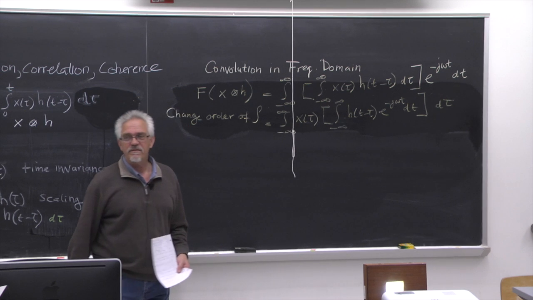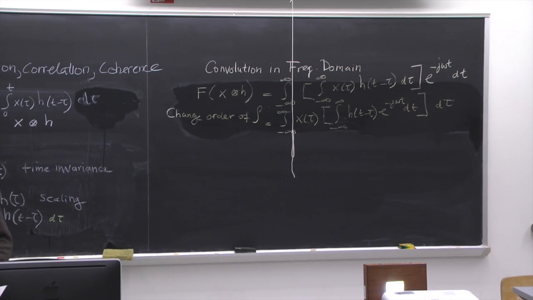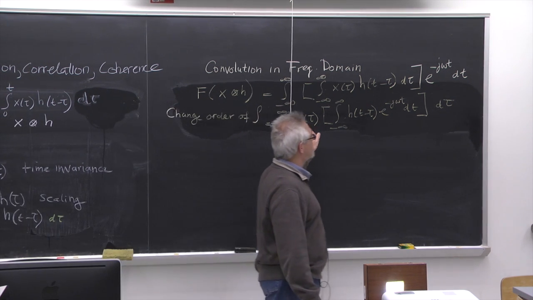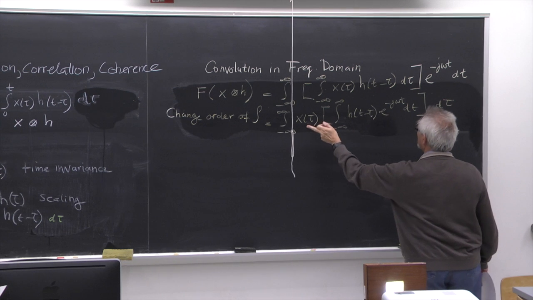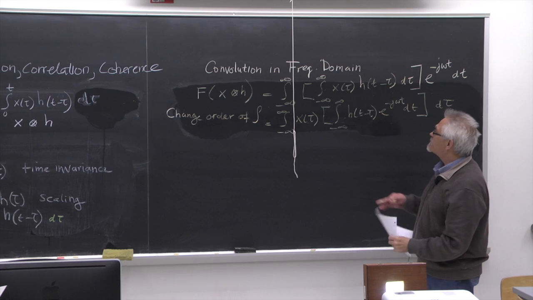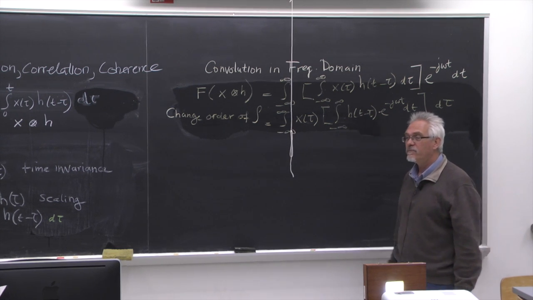I will do my best to write the difference between t and tau clearly, but keep an eye on that. So now I basically put the convolution one outside the brackets, and I put the Fourier transform inside the brackets. And since x(tau) is not a function of t, I can take that out of the integral.